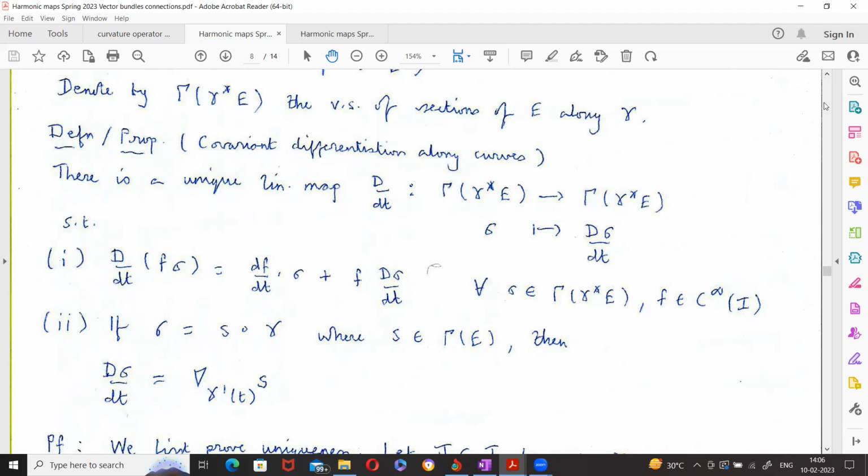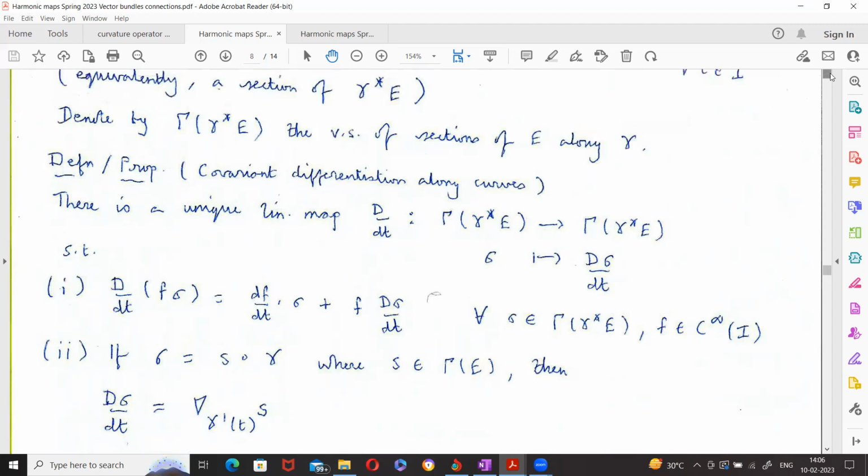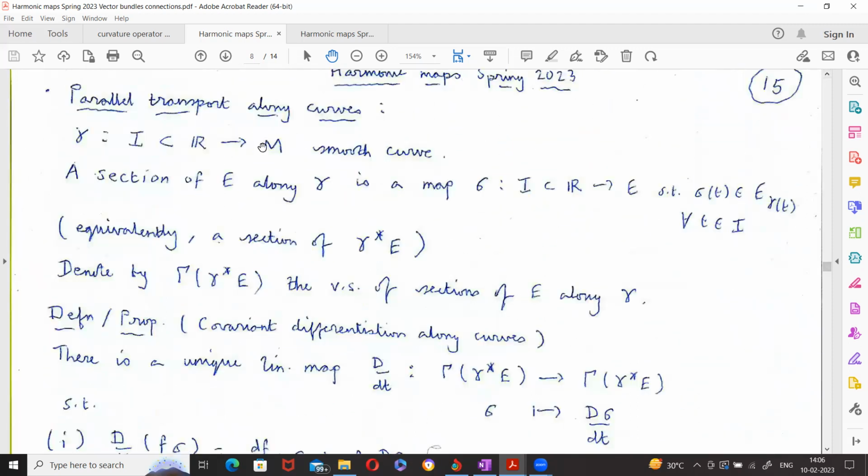If we had a curve gamma in our manifold M, then a section of the vector bundle along gamma was a map sigma defined on the same interval as gamma, mapping into the vector bundle, such that sigma of t was an element of the fiber at gamma t, E of gamma t.